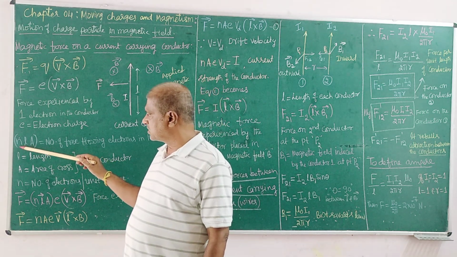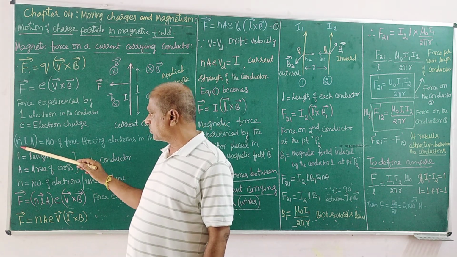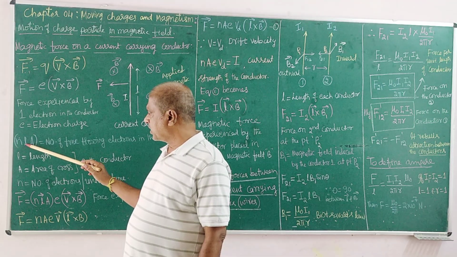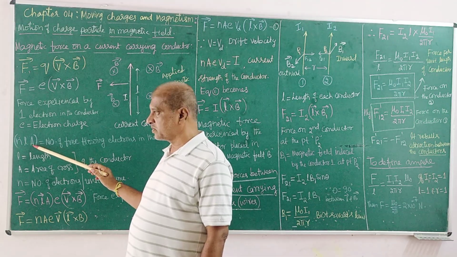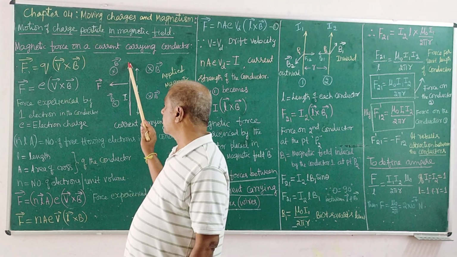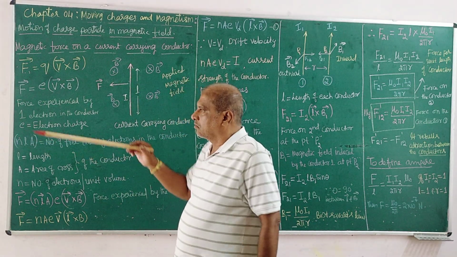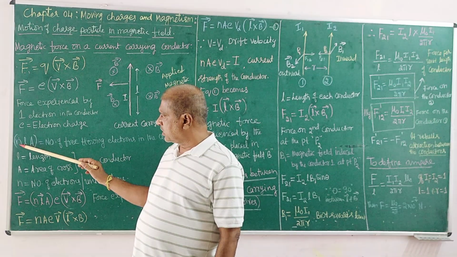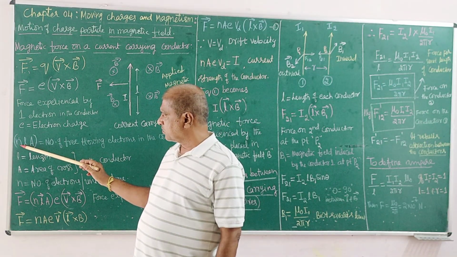That is the free electron density. L into A is the length of the conductor and the area of cross section of the conductor. This product gives the volume of the conductor. A unit volume contains n number of free electrons.